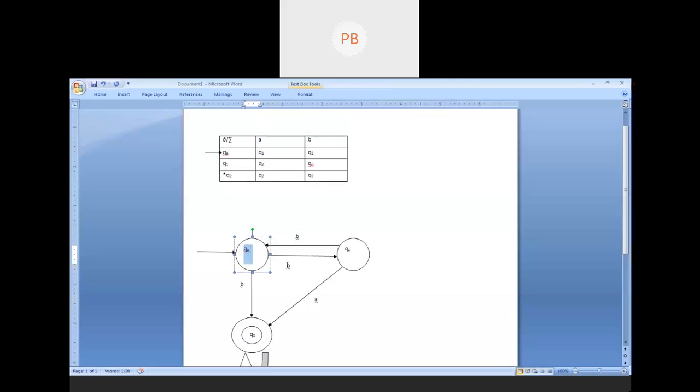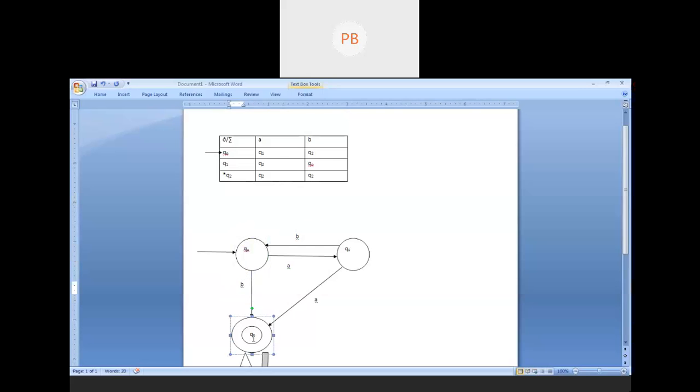Similarly, Q naught using A reaches Q1. Q naught current state, if we use input symbol B, we reach Q2.